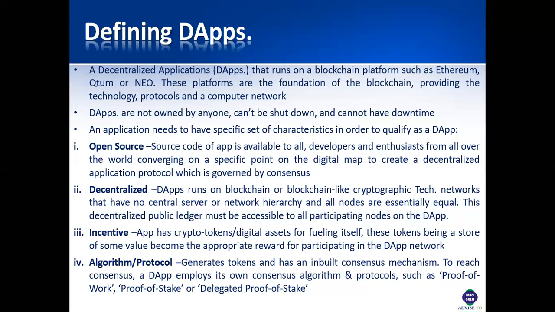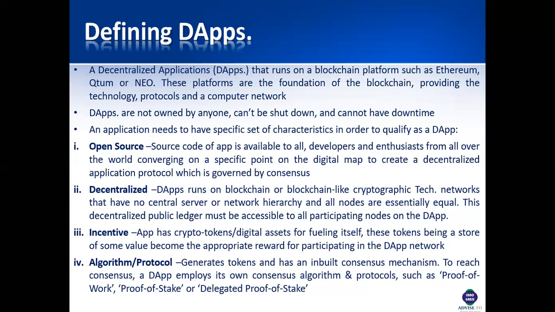Now, the next critical characteristic is going to be the algorithm or protocol. As I said, these DApps need to generate the tokens and have an inbuilt consensus mechanism. To reach a consensus, a DApp employs its own consensus algorithms and protocols such as proof of work, proof of stake, or delegated proof of stake.